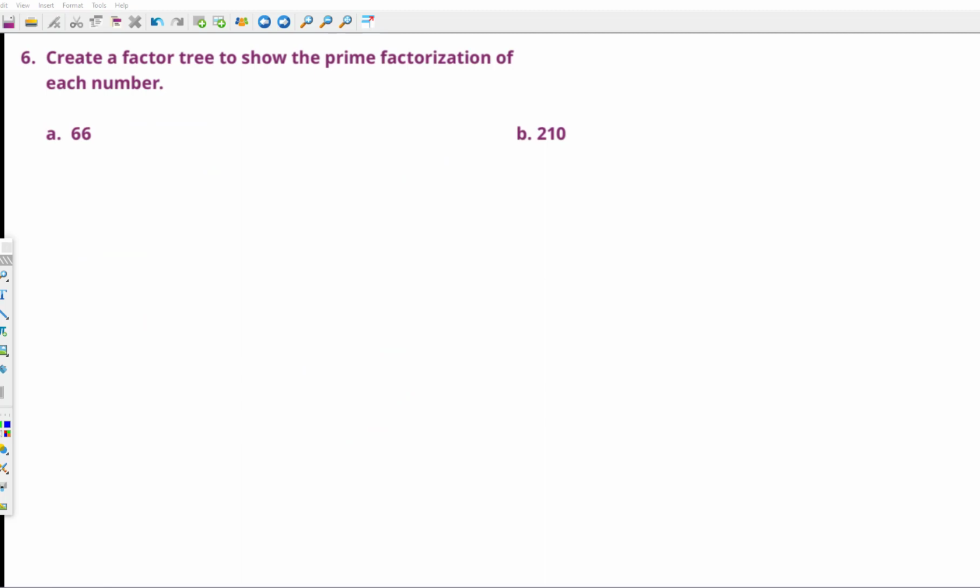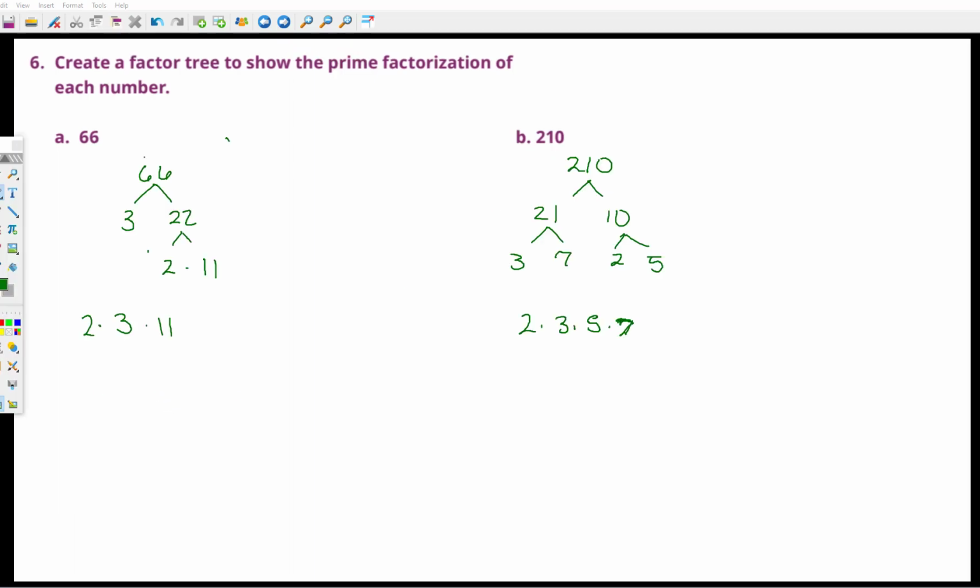So I want you to create the factor trees for 66 and 210. Okay, and so when we have the factorization, you should have come up with 2 times 3 times 11 is equal to 66. 2 times 3 times 5 times 7 is equal to 210.